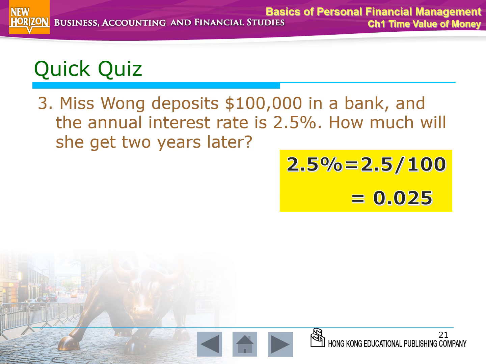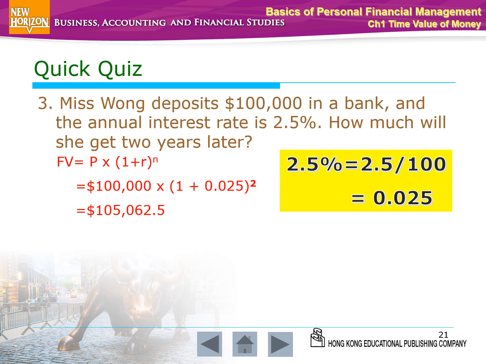We'll see that it becomes 0.025. So formula again, FV is equal to P times (1 plus R) to the power N. We put all those variables into the equation. P stands for 100,000, R stands for 0.025, N stands for 2. We find this figure.